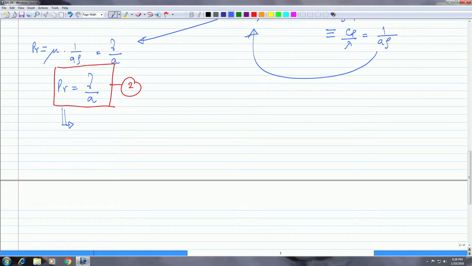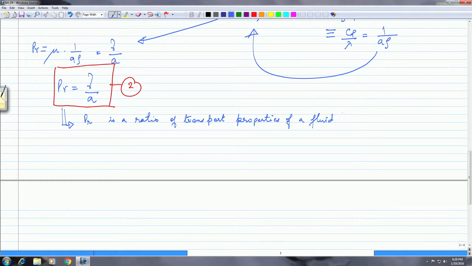So if I were to write that down, that Prandtl number, okay, is a ratio of transport properties of a fluid, right?